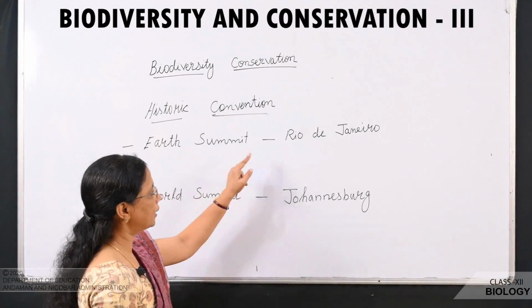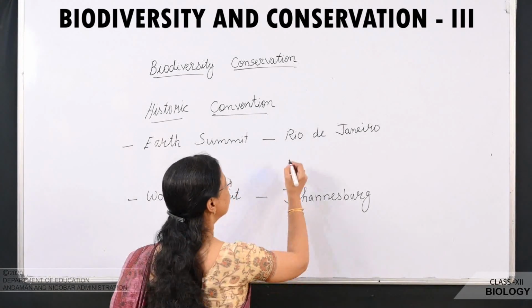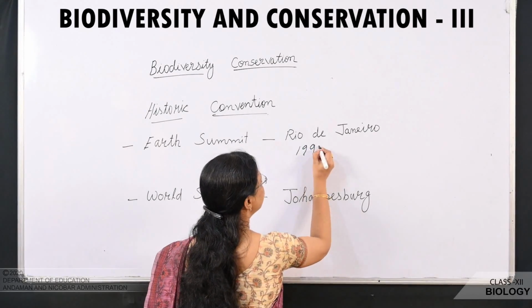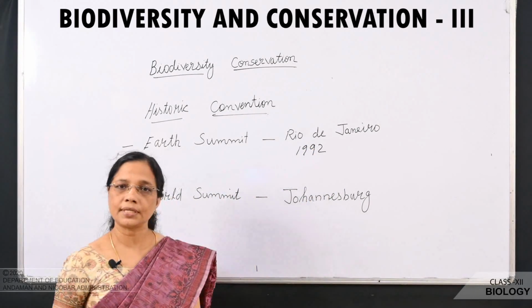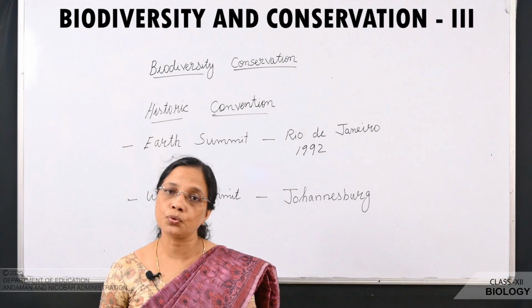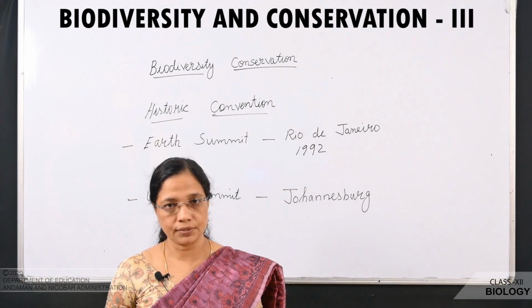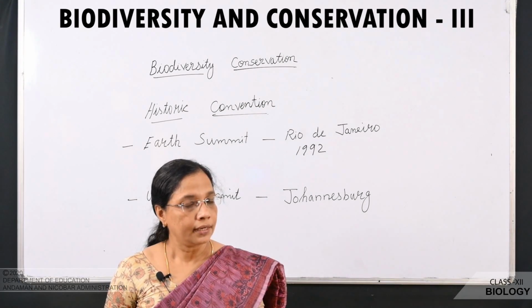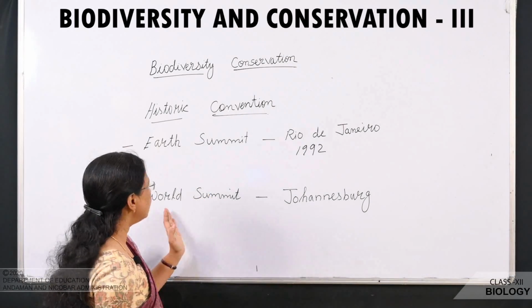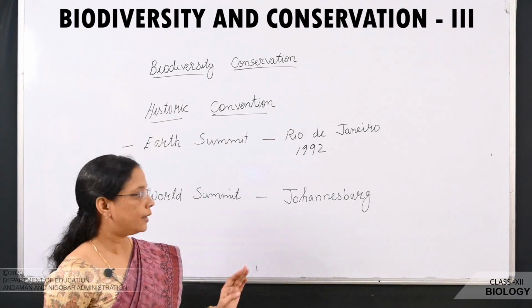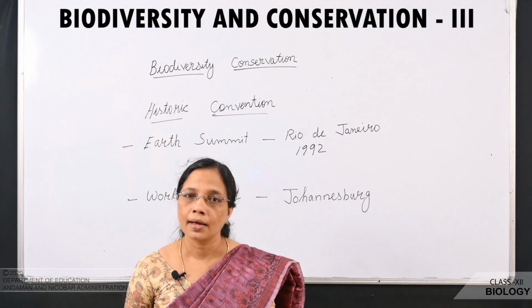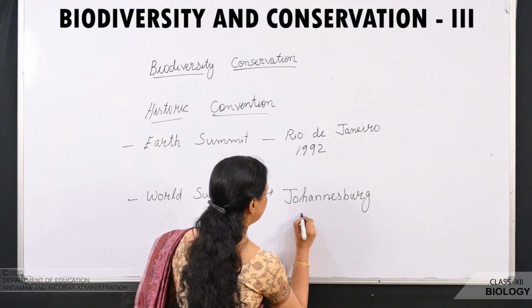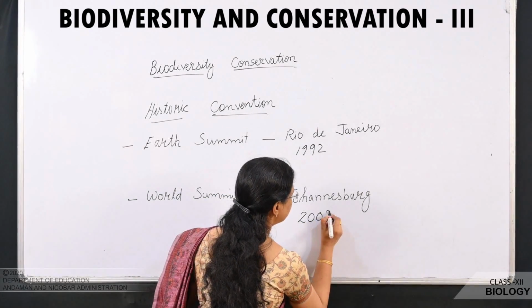The Earth Summit was held at Rio de Janeiro in the year 1992. The agenda of this Earth Summit is to conserve biodiversity. The next is the World Summit, held at Johannesburg in the year 2002.